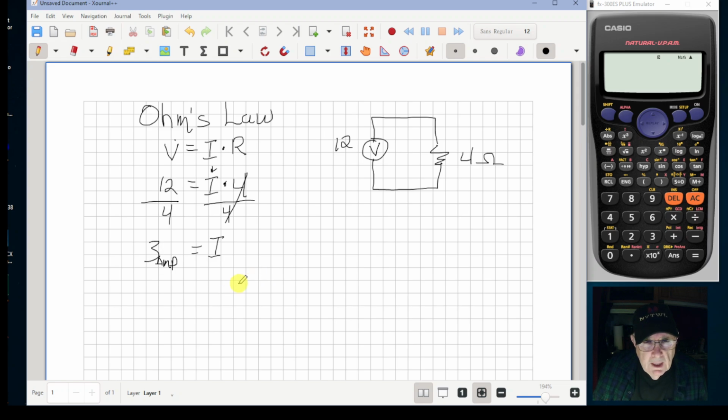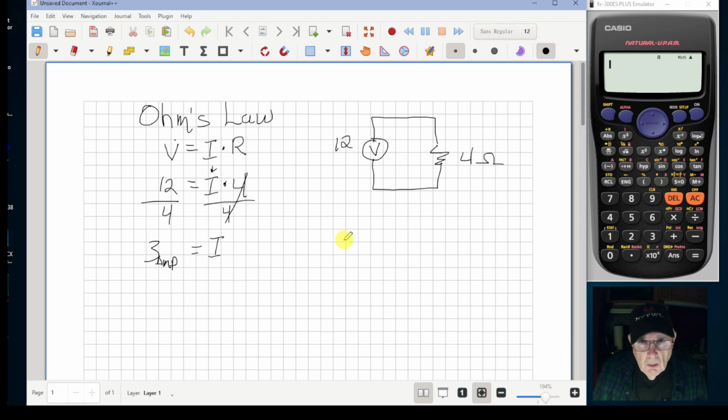Kind of gives you an idea of why it doesn't take very long to draw your battery down if you leave your headlights on. Okay. Anyway, the important part here is what we did with this equation. We took 2 of the values that we knew, and then by using a little bit of algebra, we were able to solve that for the current.